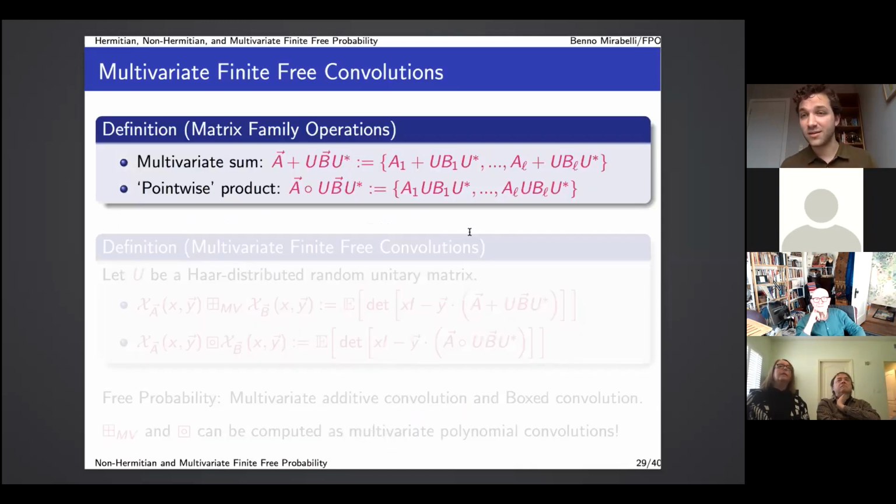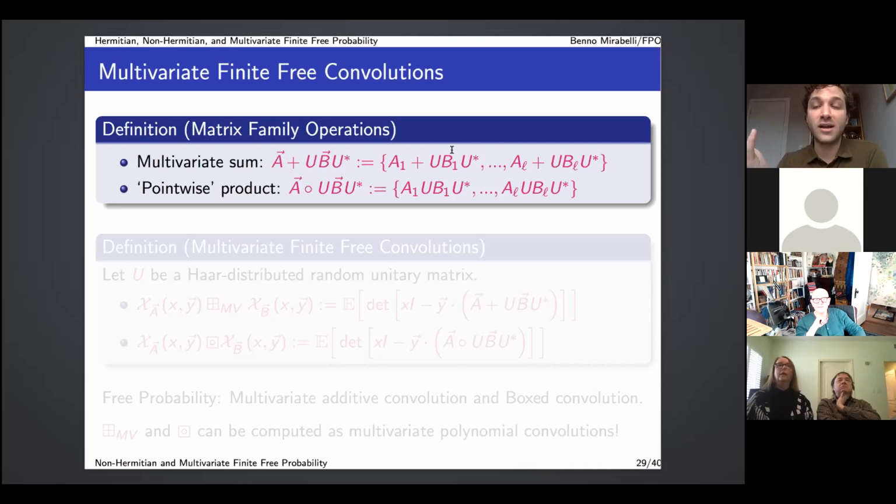But just like with Hermitian finite free probability, we're not just interested in an individual matrix family. We want to perform operations. We want to do sums and products of these. So I define the multivariate sum, where I take a unitary transformation of every matrix in the family of matrices B. You take that unitary transformation uniformly at random according to the Haar measure and add it to the family of matrices A pointwise, and I call that the multivariate unitarily invariant sum.